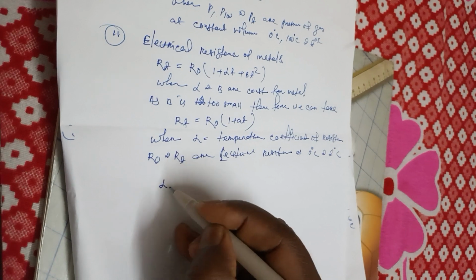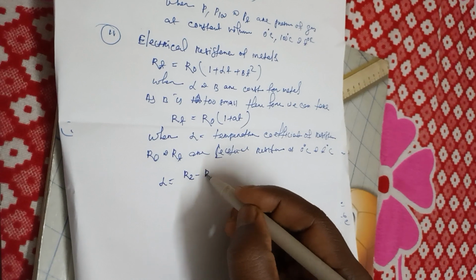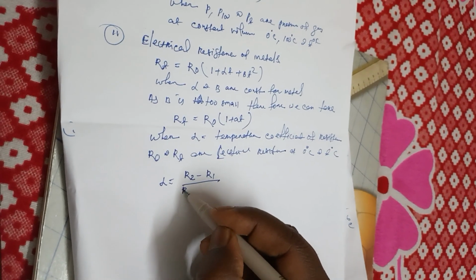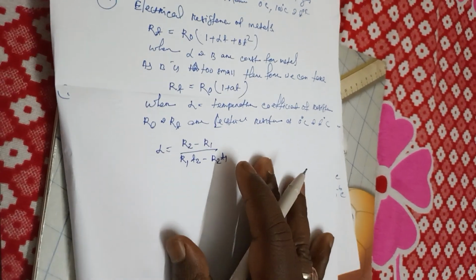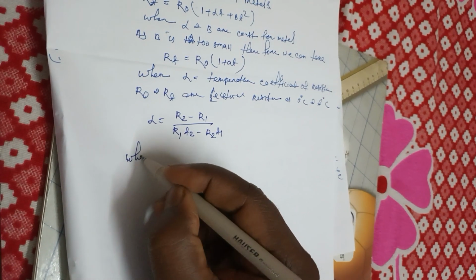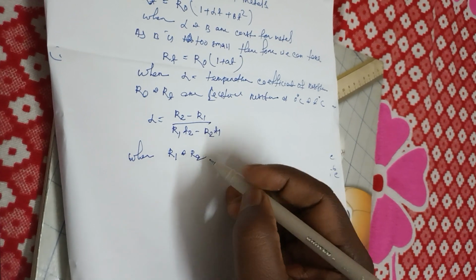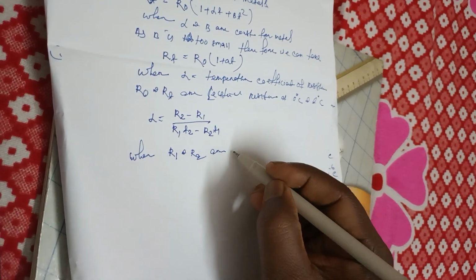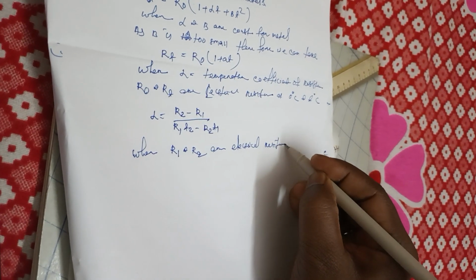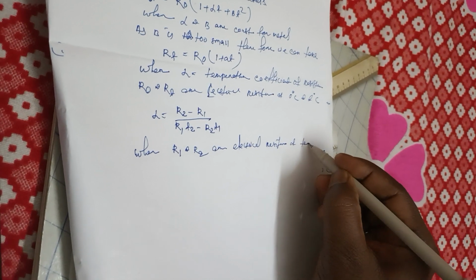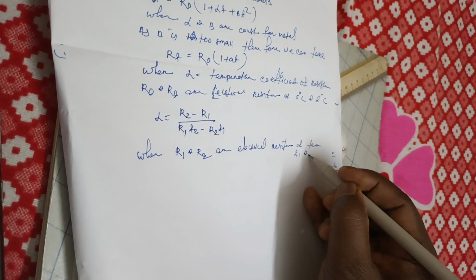Then alpha is equal to R2 minus R1 by R1 T2 minus R2 T1, where R1 and R2 are electrical resistance at temperatures T1 and T2.